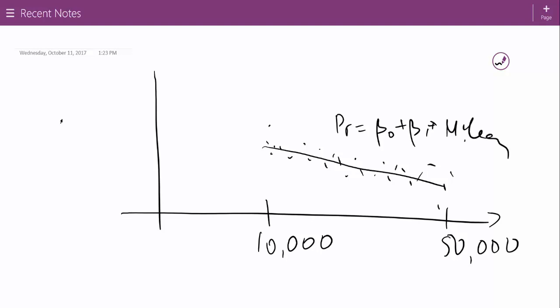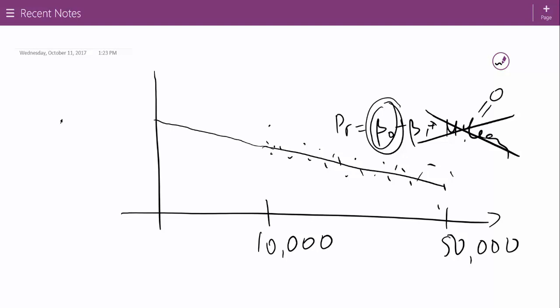Then I'm going to say the interpretation of the vertical intercept is: set the mileage equal to 0, and that will give you just the vertical intercept, the price of the brand new car. Essentially I'm saying that this straight line is still valid if I continue it into the area where I don't have points.